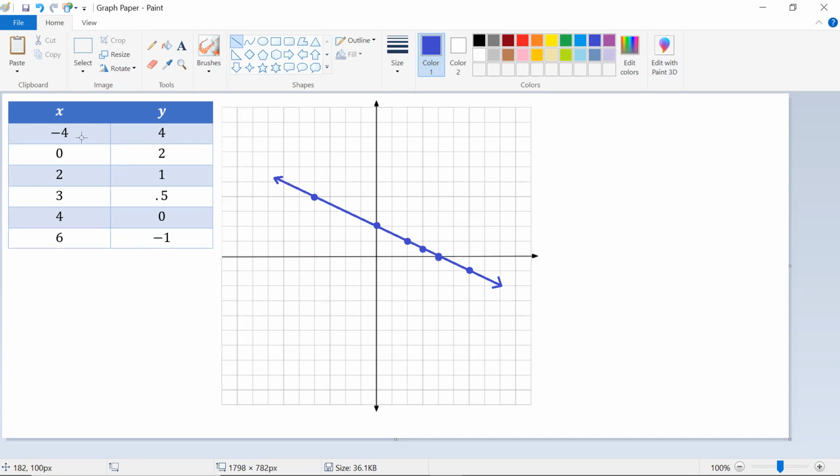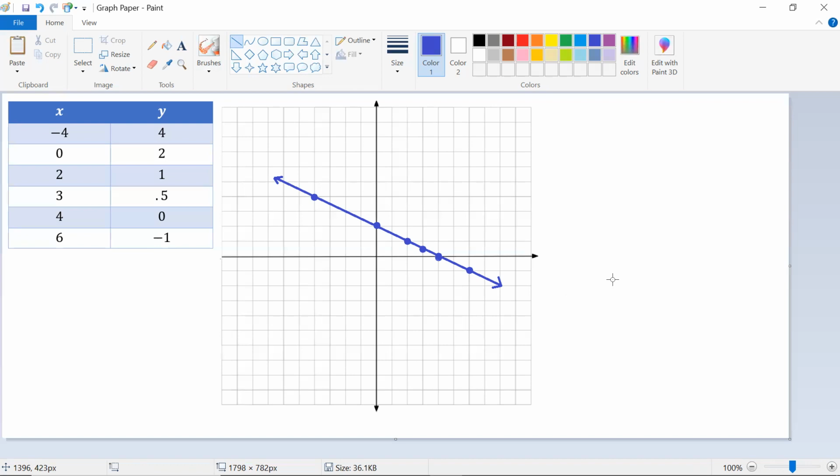Now, obviously, I found 6 points for this line. You don't always have to find 6 points. 2 points actually determine a line. But oftentimes we like to do at least 4 points just so we know that we didn't make a mistake.